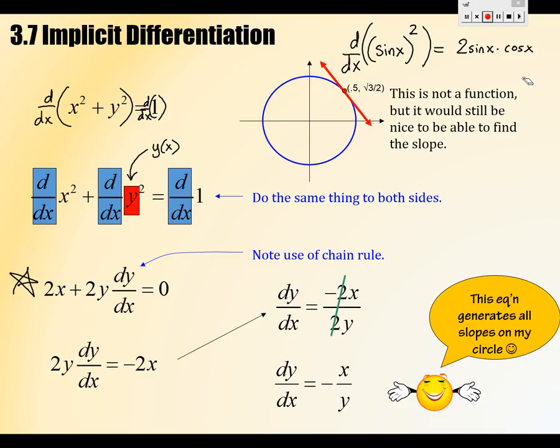And what if y is 0? That is, what if we're either here or here? We get an undefined slope, which also makes sense to us. And then everything in between makes sense to us too. What if we're at the point root 2 comma root 2? We get a slope of negative 1. Right? So this seems to be doing what we want it to do.